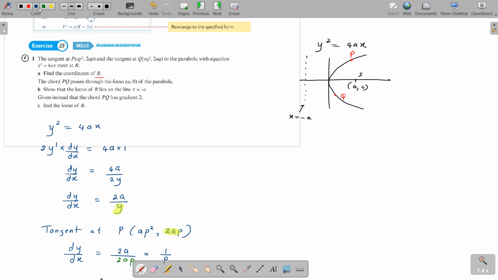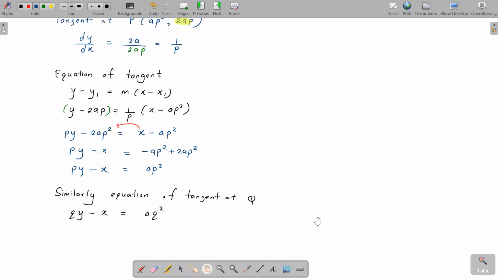The coordinates of R means the place where the two tangents meet, somewhere over here. Are you with me? Okay, so all you need to do is take the two equations, tangent at Q and P, and equate them. Solve the two equations simultaneously and get me the values of x and y.